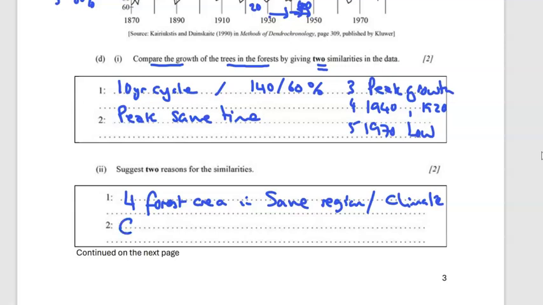The cyclic nature of the decade probably relates to some kind of temperature cycle, some sort of local weather or climate cycle which is experienced in this particular part of the world as well.